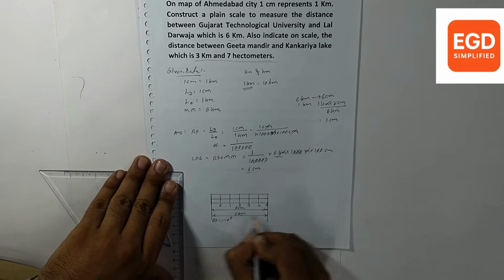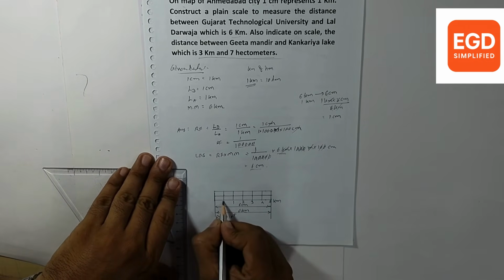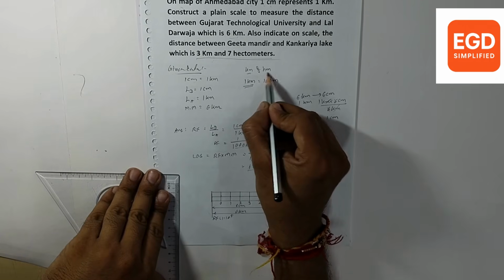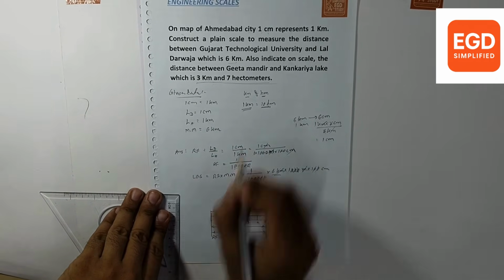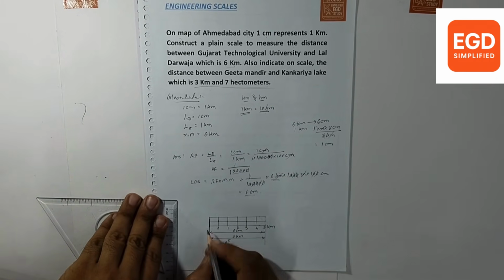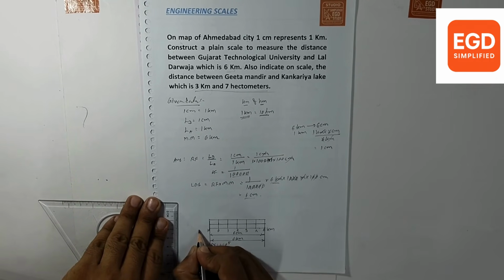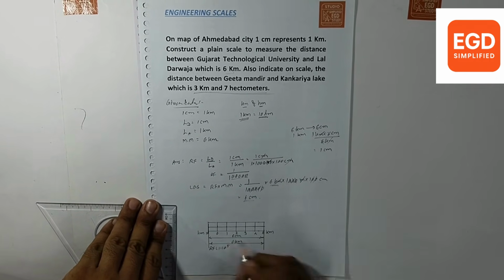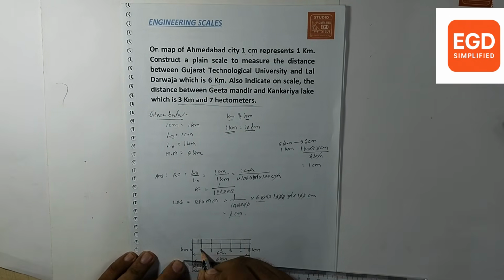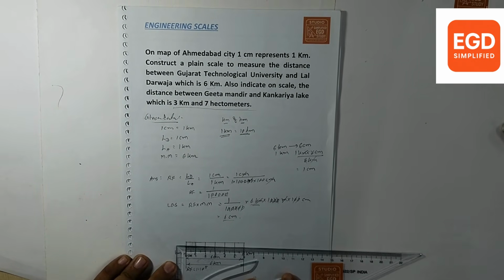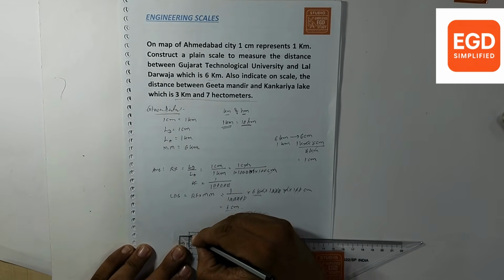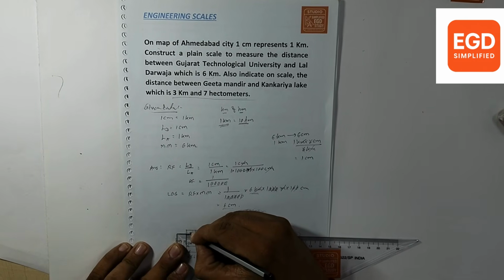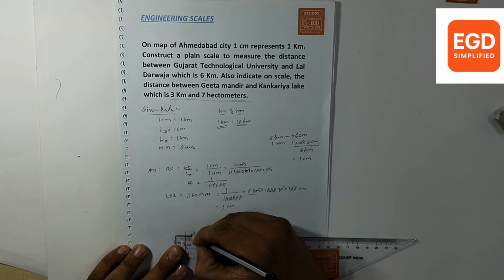This represents kilometers. On this side we are going to indicate the sub-unit. 1 kilometer division represents 10 hectometers, so here we will write 10 hectometers. This 10 hectometer portion we will divide into 10 equal parts, at every 1 mm measurement.